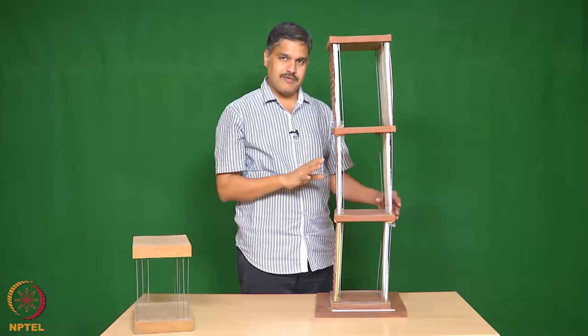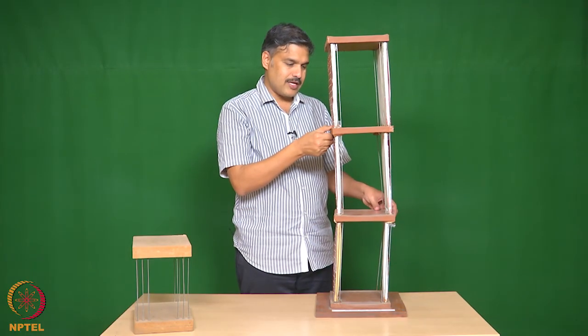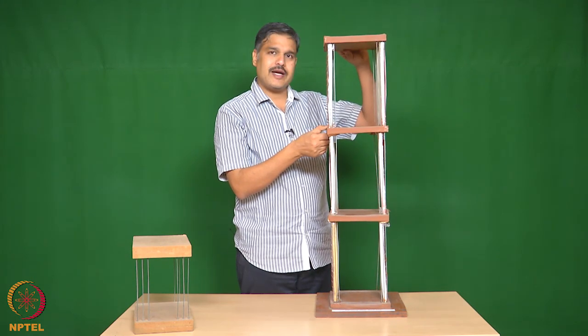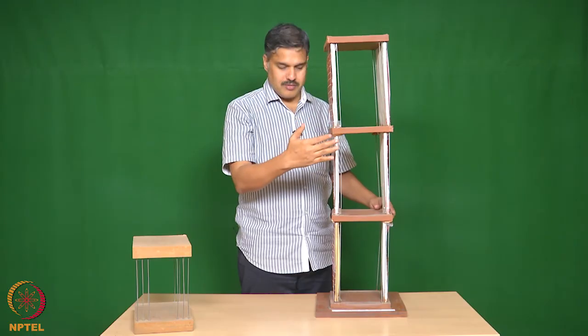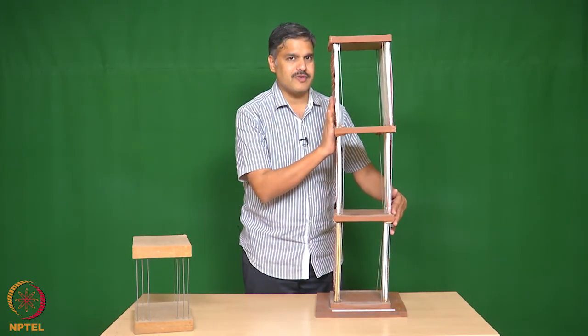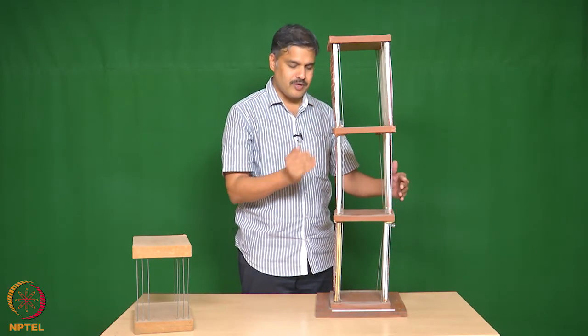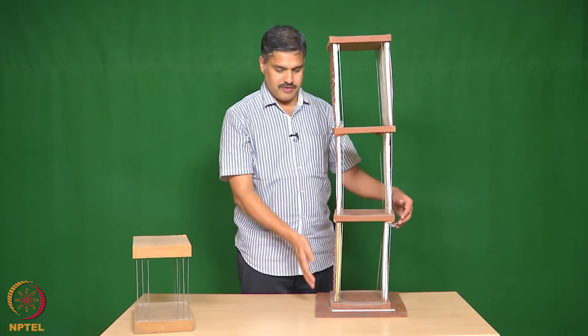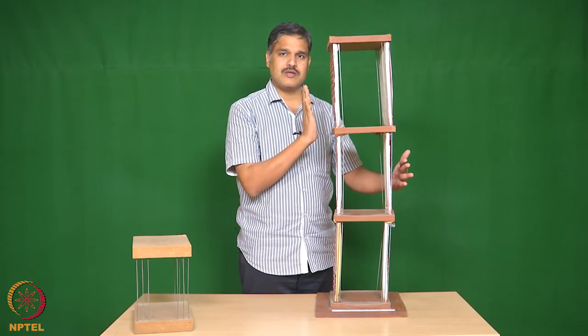And if it is vibrating in the third mode, then this will be in the right direction, this in the left direction and this in the right direction. This is the concept of mode shape in the building. If I oscillate it slowly, it will get excited in the first mode. If I increase the frequency, it will excite in the second mode. If I further increase the frequency of excitation, it will move in the third mode.